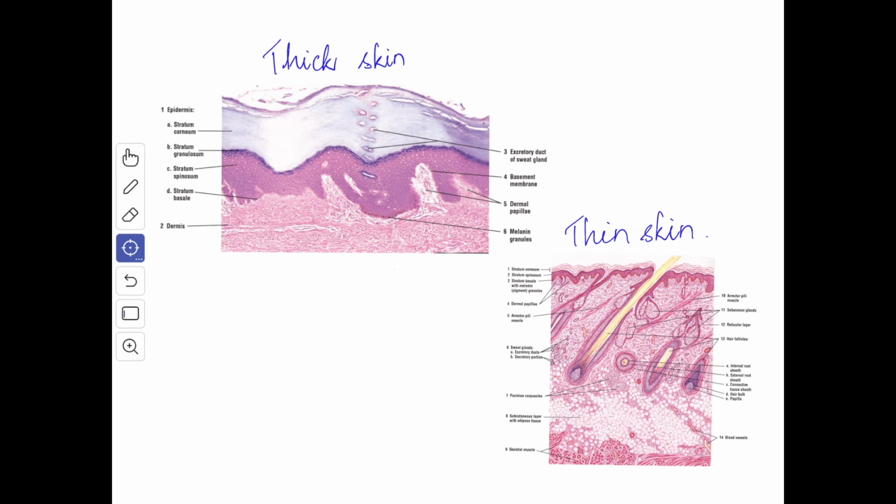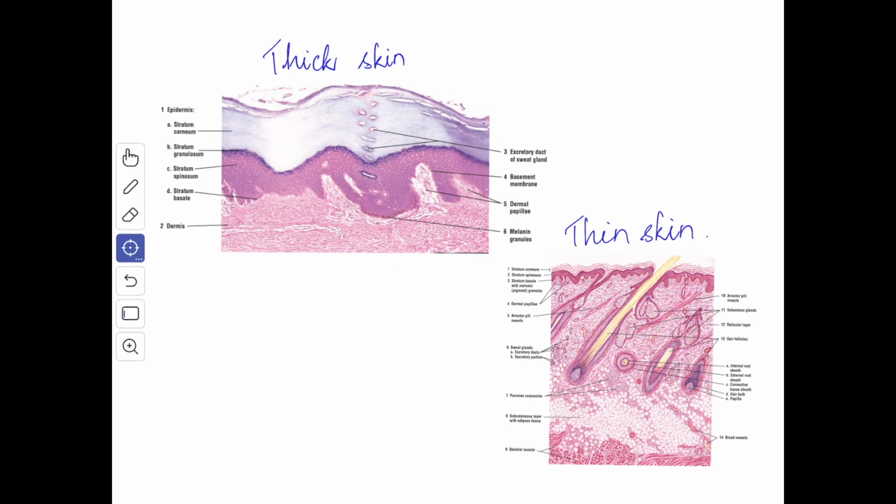In the thin skin, you see the presence of a thin epidermis made up of keratinized stratified squamous epithelium. The stratum corneum is thin here. Then you can see the cut sections of the hair follicle, the sebaceous glands, sweat glands and then the erector pili muscle.